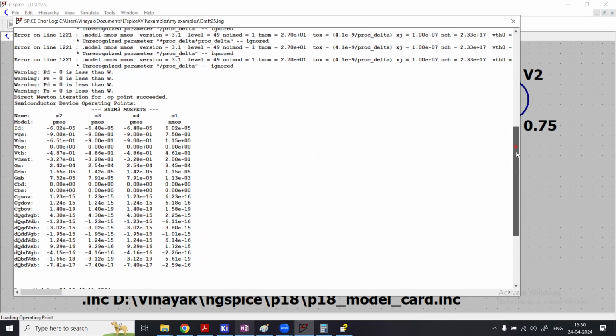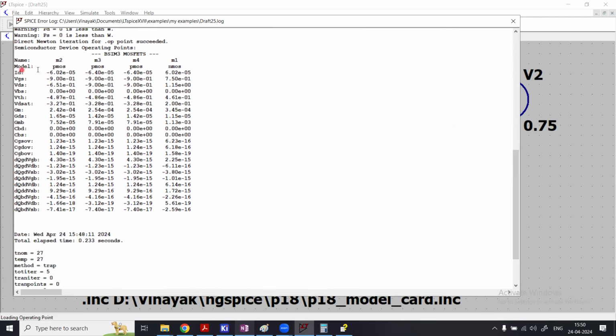But from now, we will see all those parameters, M2, M3, M4, M1. So have a look at this M1 first, that is your amplifying device. So ID here is 60 micro. VGS here is about 0.75, right?